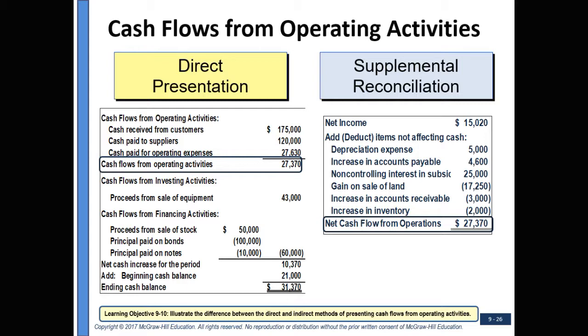The direct method is the method that is preferred by GAAP. However, a lot of people find that the supplemental reconciliation, which reconciles net income back to net cash flow from operations, is more useful as a tool.